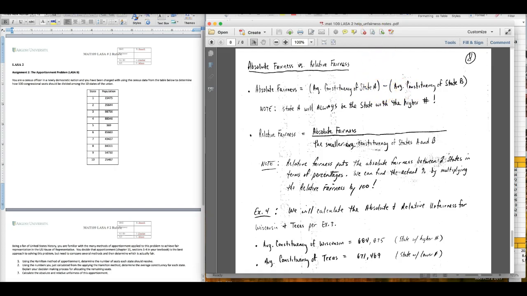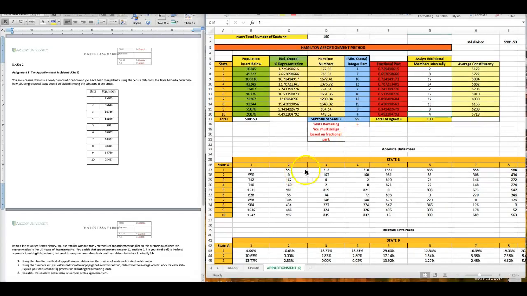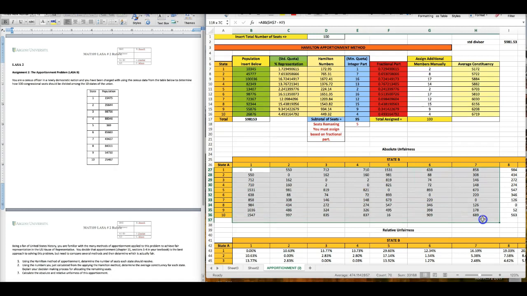I'm going to minimize this for a second. When we're making these calculations, this is just a table basically saying that I'm comparing, let's say here, state 1 with state 2.